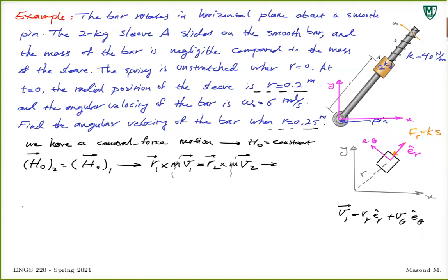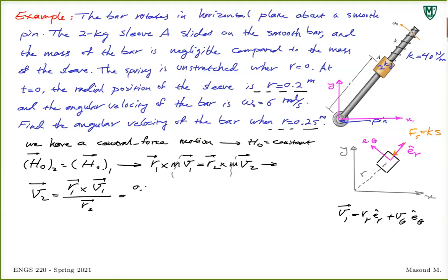Let's do it this way. Let's say V2 is something I'm looking for, the velocity at 0.25, and say I have no idea what that is. All right, so let's put R1 cross V1 divided by R2. Now R1 is 0.2, right?